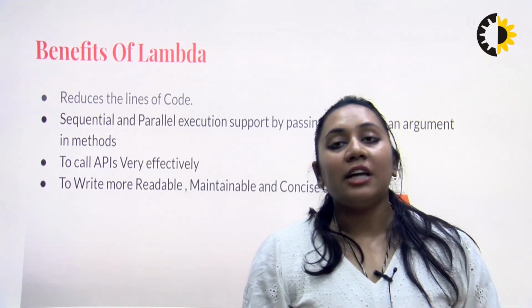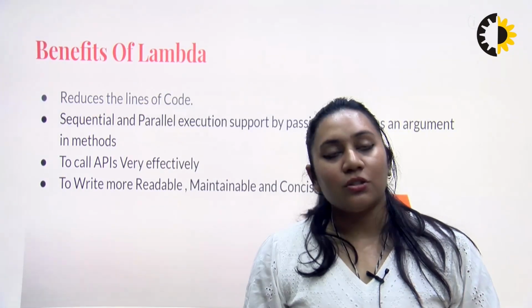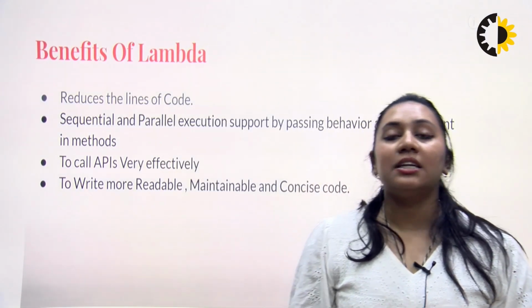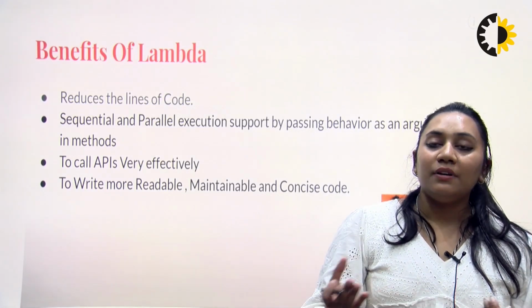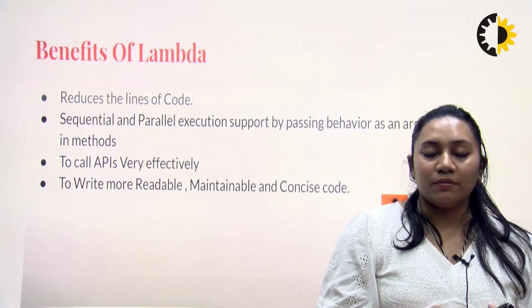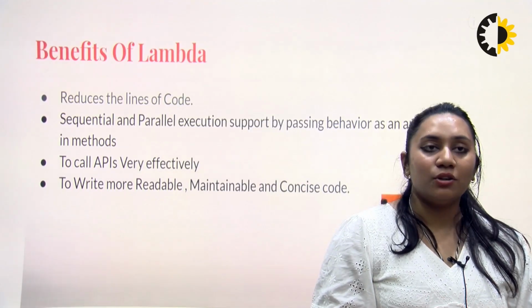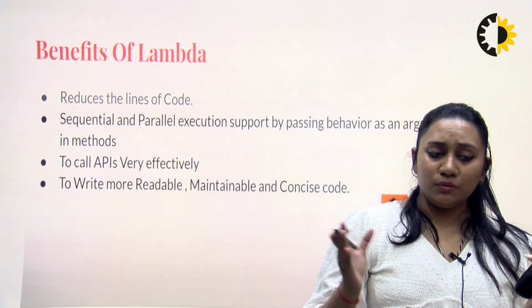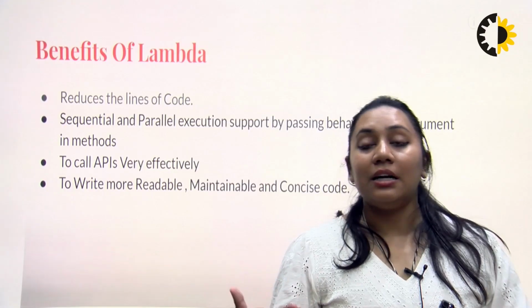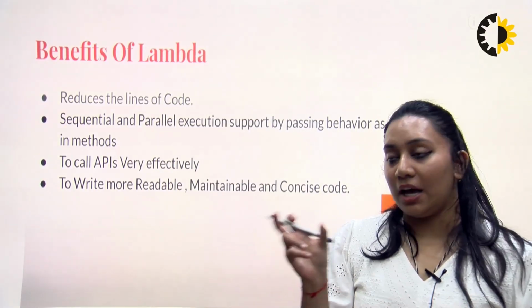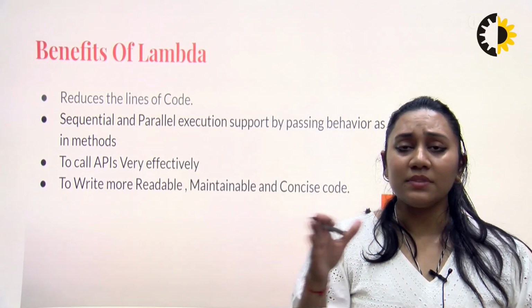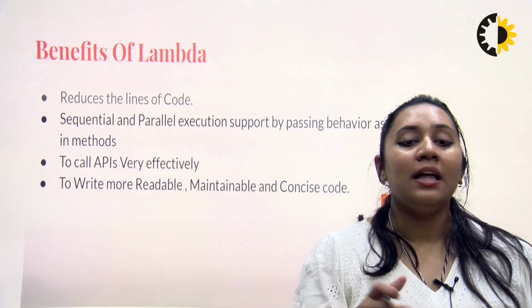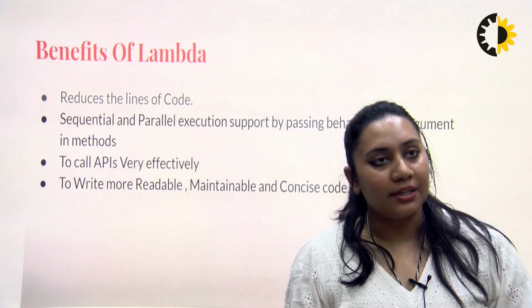There are some benefits too. It can reduce lines because we don't need a name, a return type, or a modifier. So automatically the compiler will understand with the help of the arrow that this expression is a lambda expression.